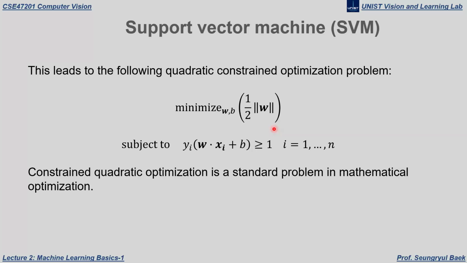Okay. So, when making this type of objective function, you can optimize W and B that minimize this objective function while meeting this constraint. There are already many mathematical solvers for doing this, but basically they use gradient methods, mostly the gradient descent algorithm.